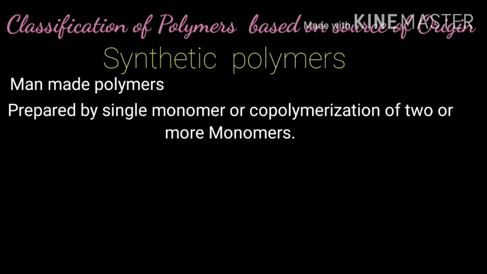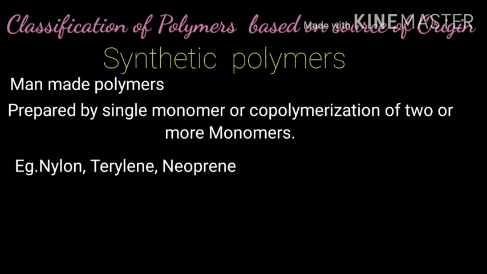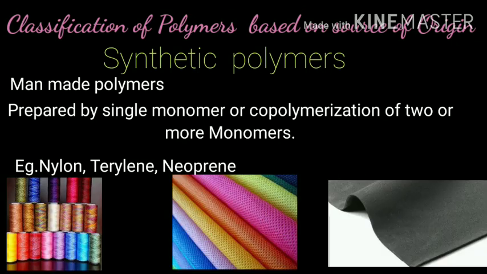So same monomer would be AAA and copolymerization would be ABC, like that. Examples of synthetic polymers are nylon, terylene and neoprene. Synthetic polymers are further subdivided into fibers, synthetic rubbers and plastics.